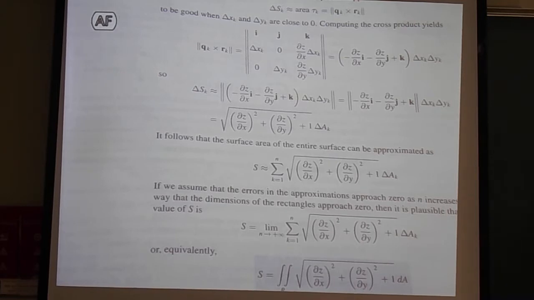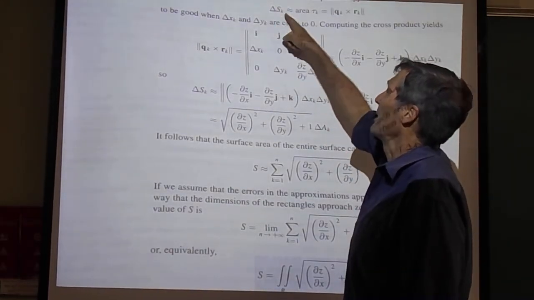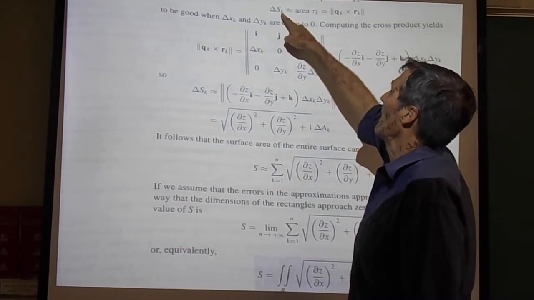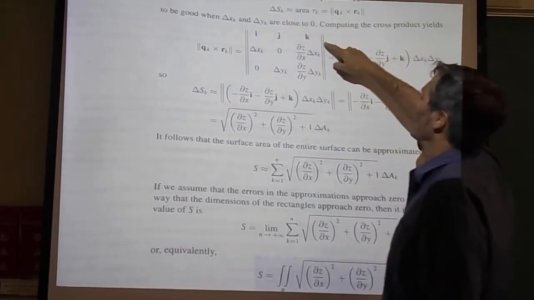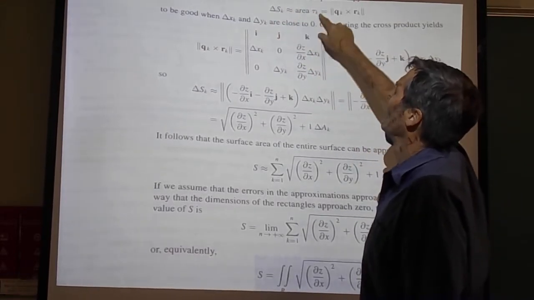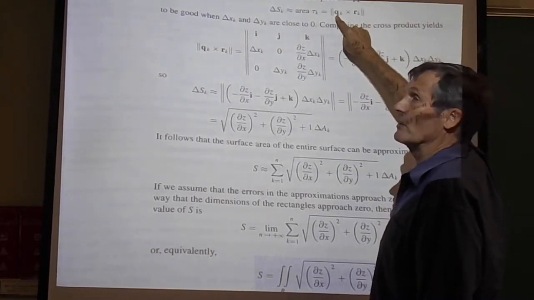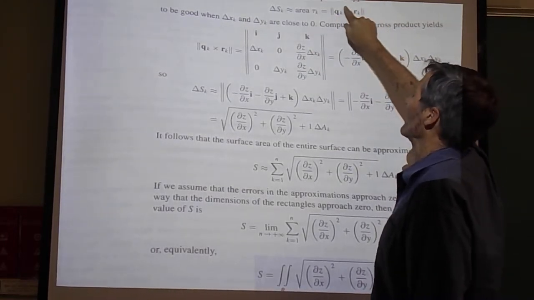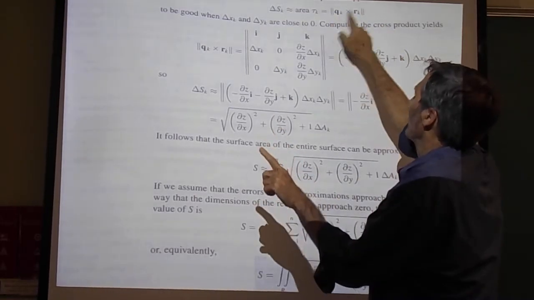But the area of the kth parallelogram tangent to the surface, delta sk, is approximately the area of the parallelogram tk, which you can show without too much difficulty is the cross product of the vectors along the edge, qk and rk.